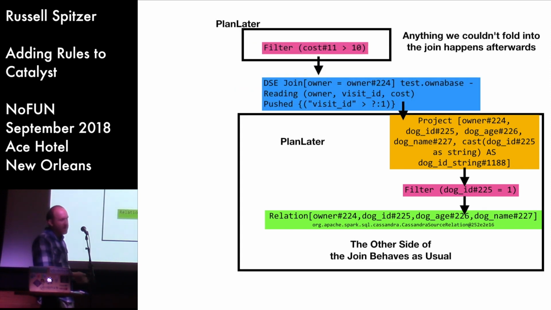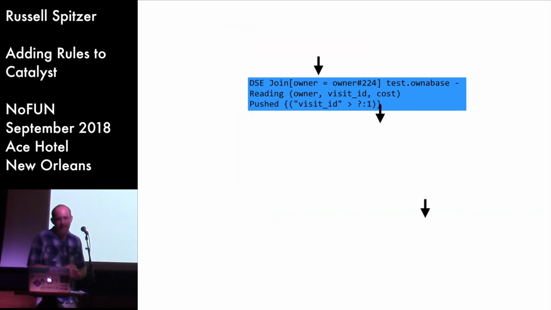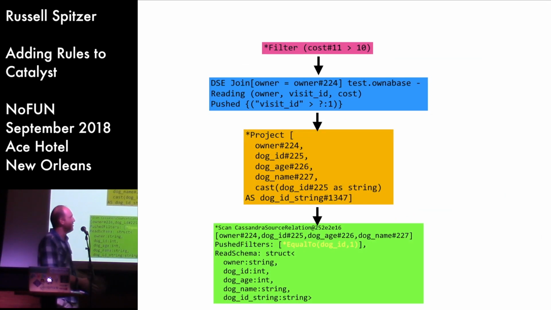And that brand new node is then accompanied with planning later the rest of the tree, because the other branch we don't know how to deal with, so we leave that for other rules to take care of. And we have whatever happens before that, which we also don't know how to deal with, so we just leave that for other rules to take care of. And we end up with that single branch instead of our branching tree that we had before.